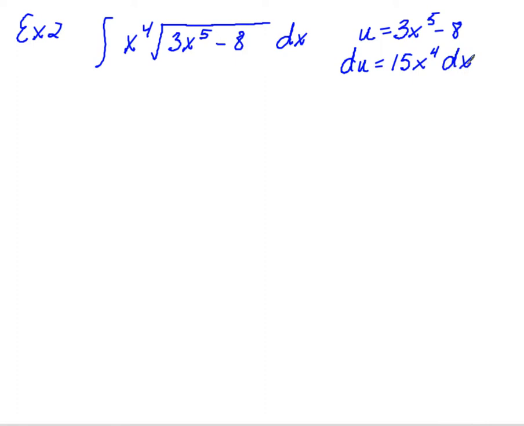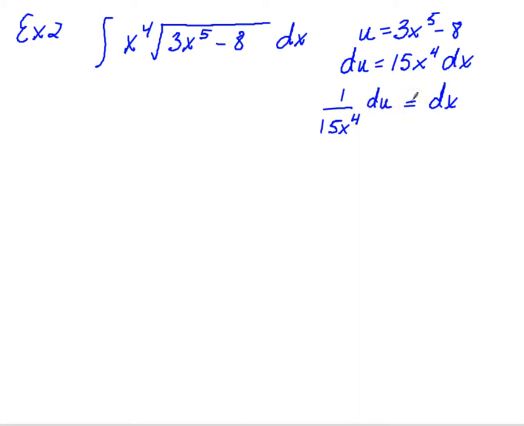So that then this is very easy to solve for dx. Divide both sides by 15x to the fourth, and solve for dx. So dividing, I get 1 over 15x to the fourth du.